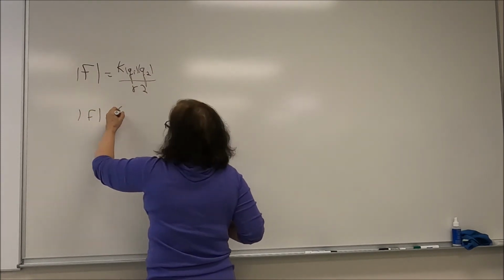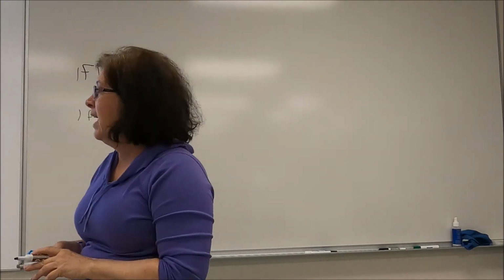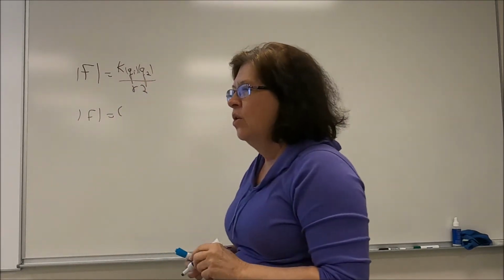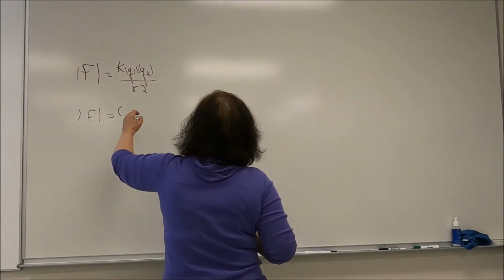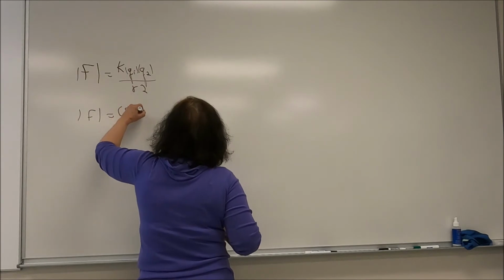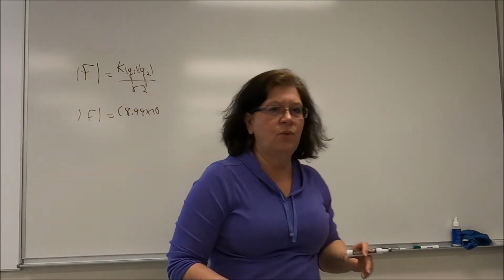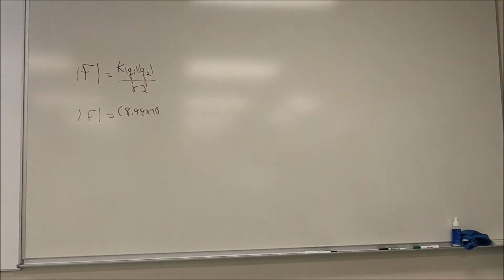So the magnitude of the force is going to equal the value of K, which is 8.99 times 10 to the 9. I think it's 10 to the 9, but the minute that I say that, I will screw up. No, I was right. 8.99 times 10 to the 9.